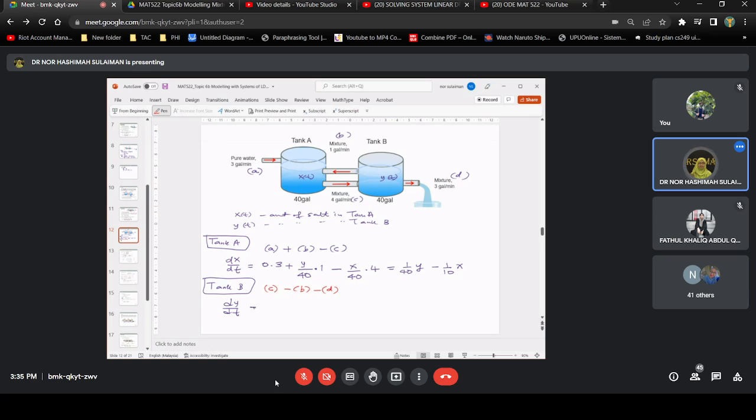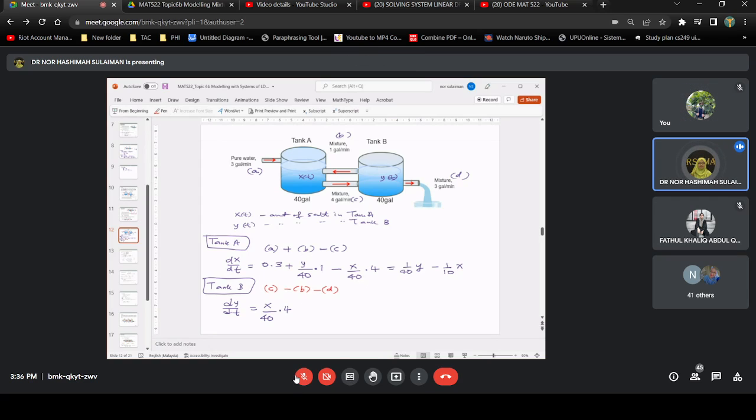Alright. So look at C. C is from here, right? Where does C come from? C comes from tank A. What is the concentration in tank A? What is the concentration of the solution in tank A? X of t divided by the volume, right? Okay, what's its rate? Its rate is 4, right?